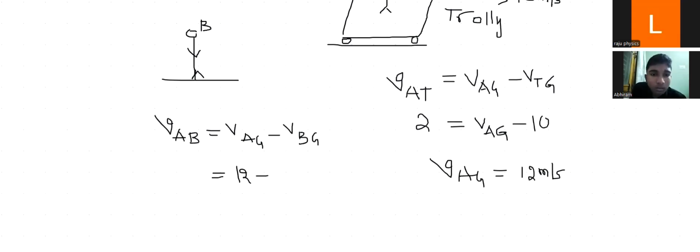He was just an observer. We don't know about the velocity of B with respect to the ground, just observing, so that's why 0. Now you'll get 12 meters per second. So this is the relative velocity of A with respect to B.